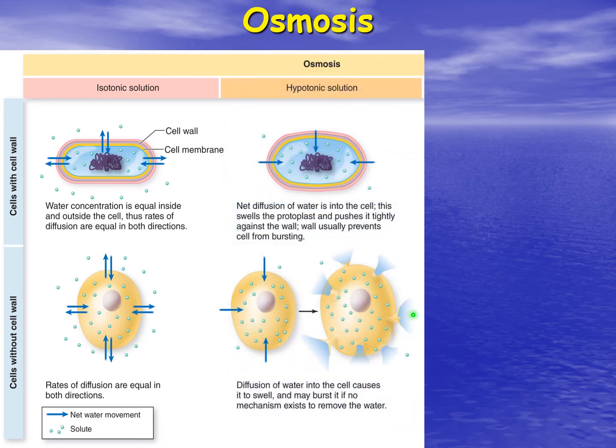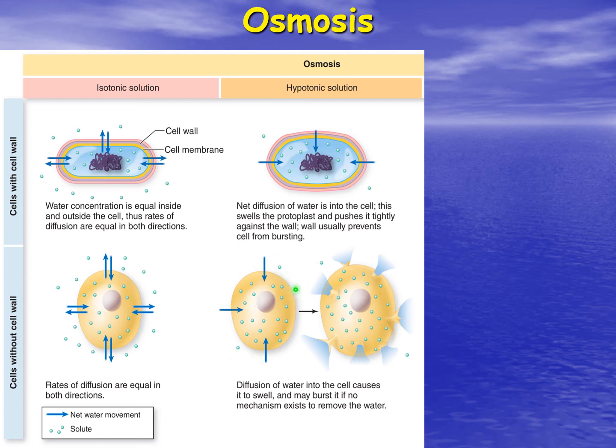However, if we put both types of cells into hypotonic solutions, so now there's less solute on the outside, therefore more water, and water is going to want to move into the cell.